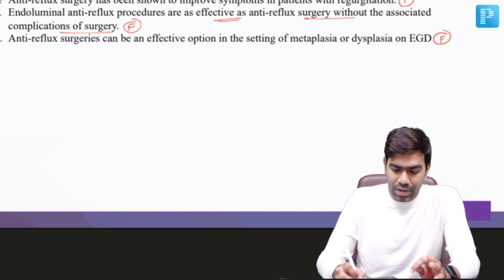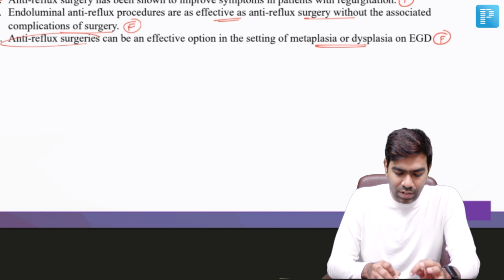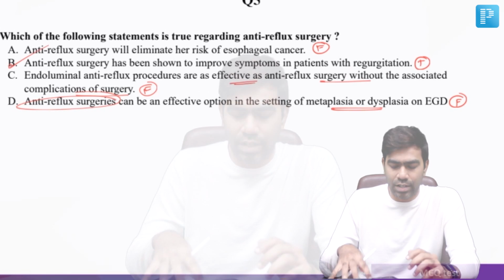In fact, if you have metaplasia or dysplasia, anti-reflux surgeries should be avoided, because later on, when you develop cancer, if you did an anti-reflux surgery prior, it might be tricky to do surgeries. That area might be distorted, and it is not appropriate to do anti-reflux surgery in the presence of metaplasia or dysplasia because of the concerning change in the anatomy from anti-reflux surgeries if the patient goes on to develop esophageal cancer. That is why that is also a false statement.